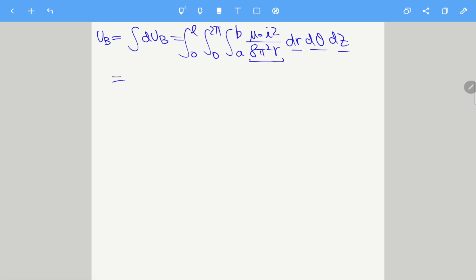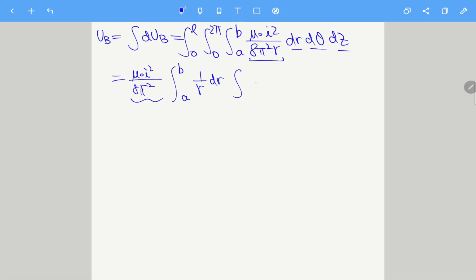Actually we can just put the constants in the front. So we have mu naught I squared over 8 pi squared. All of it is independent of r, theta, and z, so we can just put them in the front. And then we have 1 over r dr, integrated from a to b.